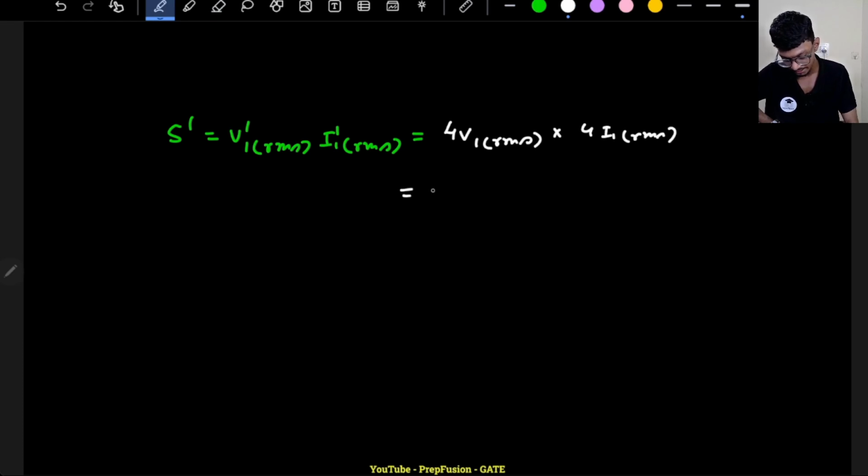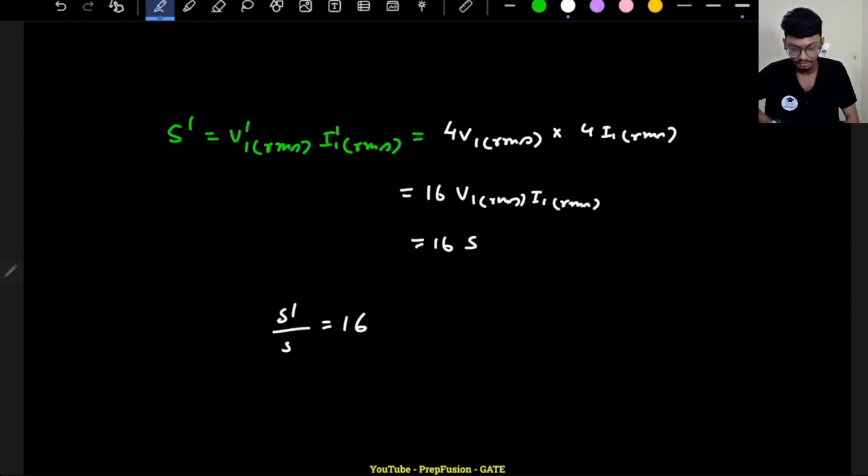Correct. So from here I can directly write that it is 16 times V1 RMS into I1 RMS. And V1 RMS into I1 RMS was the initial kVA rating. So it is 16 times S. So S dash upon S becomes 16. So 16 will be the change in factor by which the kVA rating of the transformer will change.